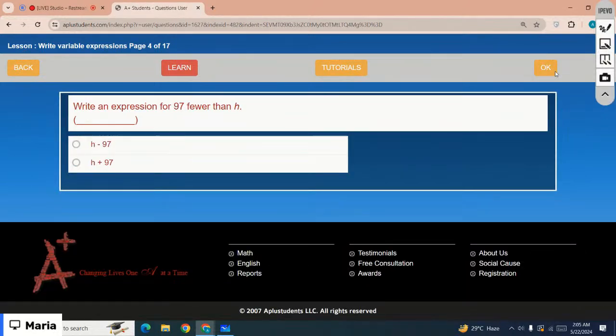Write an expression for 97 fewer than h. So which is the correct option?